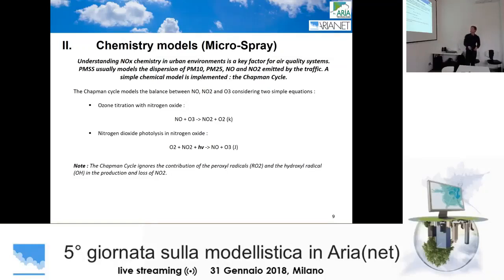So nitrogen oxide plus ozone are consumed, forming nitrogen dioxide. And the second equation is the nitrogen dioxide photolysis into nitrogen oxide. So it's consuming NO2 using the photolysis, so the heat of the sun, and it creates nitrogen oxide and ozone.